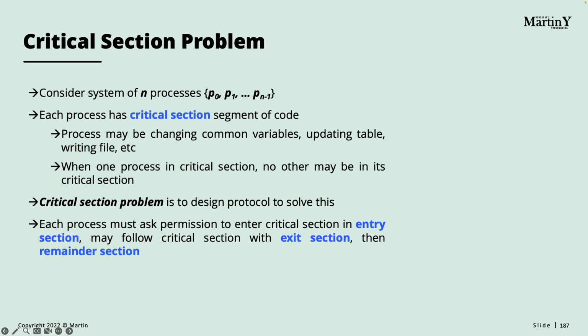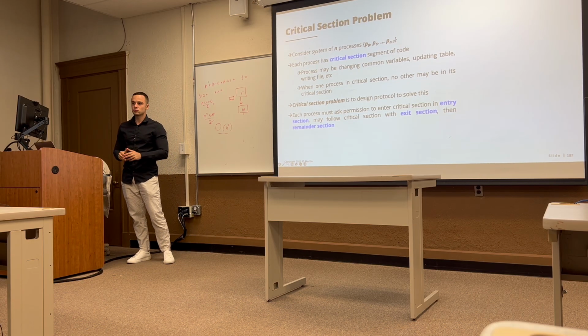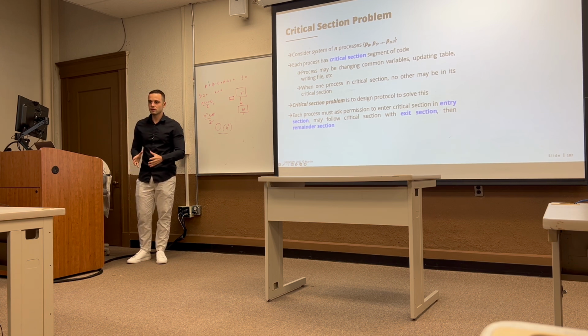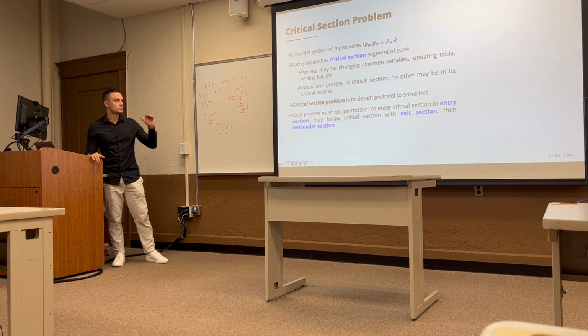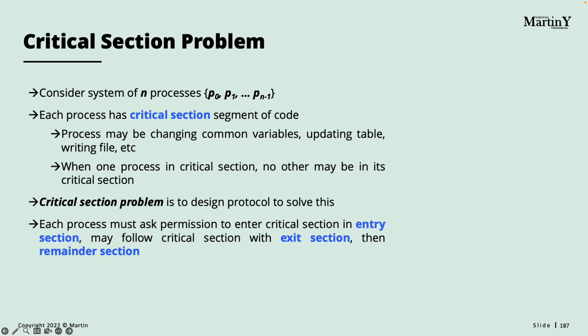When a process goes into shared memory and does something there, we say that the process is in its critical section. The critical section is the segment of a program, a part of the code, that is accessing shared memory.